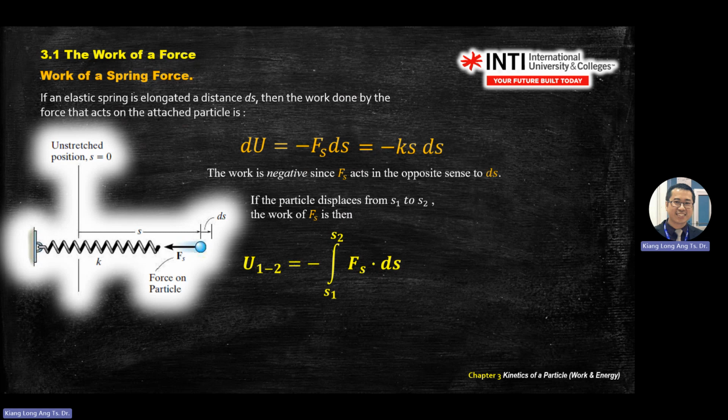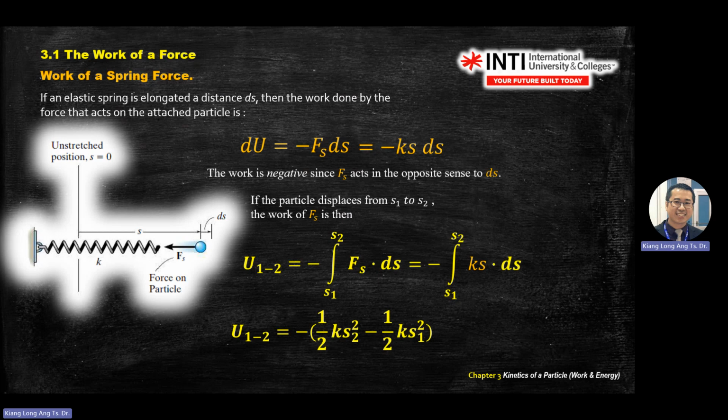You want the full work done by the spring, so you put in the integration sign and you get capital U 1 to 2 equal to negative integral of F ds. You pull out the k if you want, and then you integrate s. Integrating s, s with the exponent 1, becomes exponent 2 divided by 2. If you've done the integration steps, you'll get this equation.